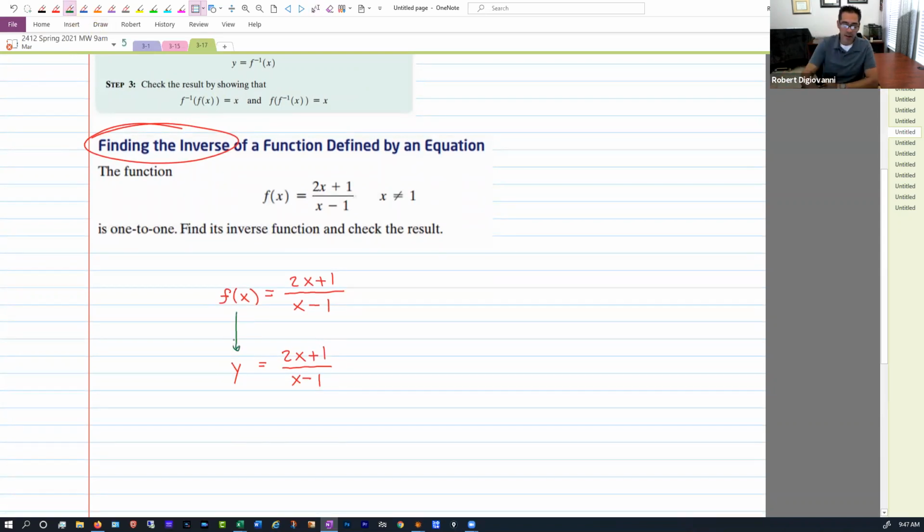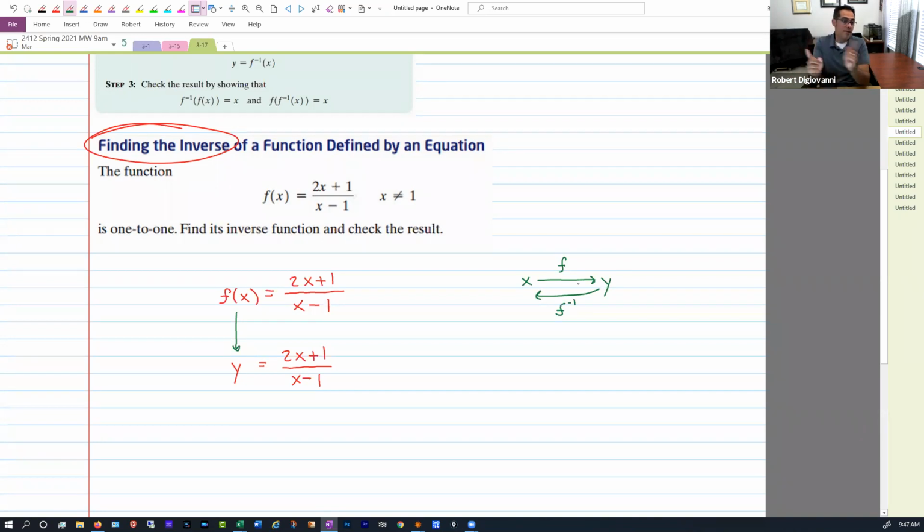Now you do something extremely strange. Everywhere you see a y, you now put an x, and everywhere you see an x, you now put a y. So you're going to switch the positions of the x and y variables. And the reason we're doing this is because whenever you have an inverse, x gets taken over to y by the function, and then y goes back to x by the inverse.